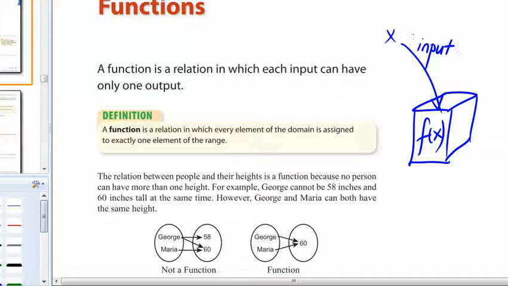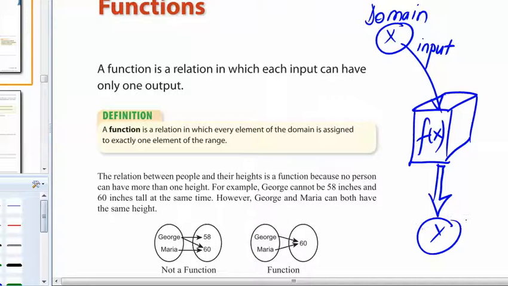Inputs. You put it inside the box, and all the x's together will make your domain. Whatever you take outside of the box after that f of x magic trick is applied to all your x's will be your y's, right? The outputs. And this will make your range.